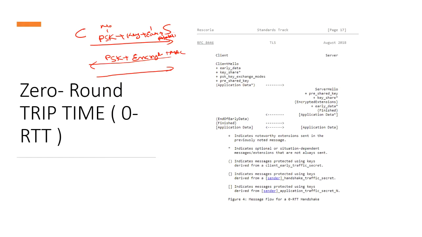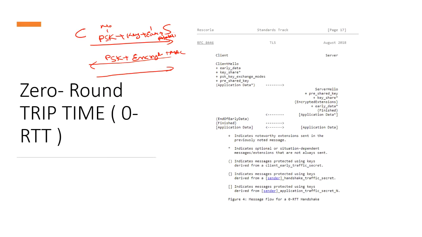Why am I spending more time here? You might get confused about when it goes to zero RTT, when it goes to PSK mode, and when it goes to the normal mode. Even in normal mode, one handshake was removed. In PSK mode, there was no change cipher step. In the handshake itself, it shared its PSK, one of the tickets.